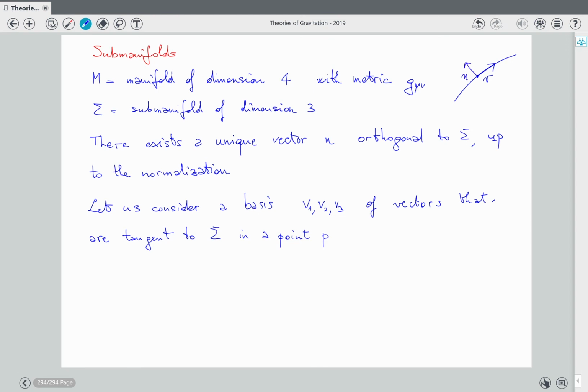This is obvious if you are in a Riemann context, but we are in a Lorentz context, so we will see that the normal vector could square to 0, could be light-like, and space-like, could be null. Null means that it has a square equal to 0, but the conclusion is always true. There is always a unique vector n orthogonal to sigma up to the normalization.